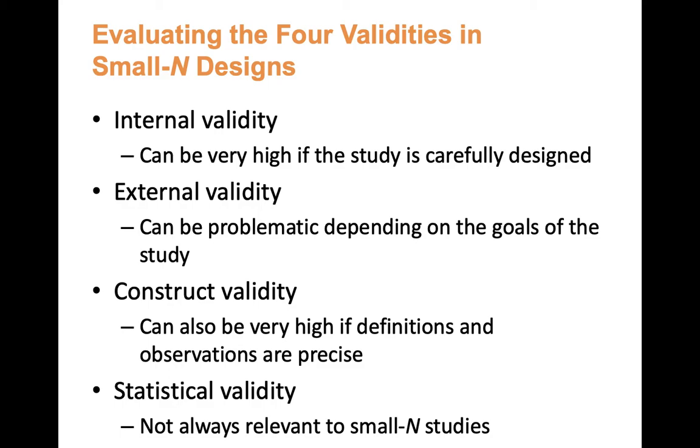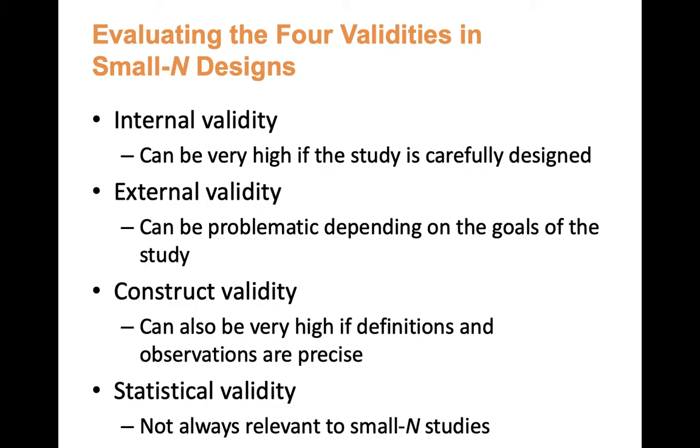In terms of external validity, certainly this can be problematic, but it does depend on the goals of the study. So if the goal is to generalize to settings and populations beyond the single participant or small number of participants, external validity can be quite problematic. However, that isn't always the goal.